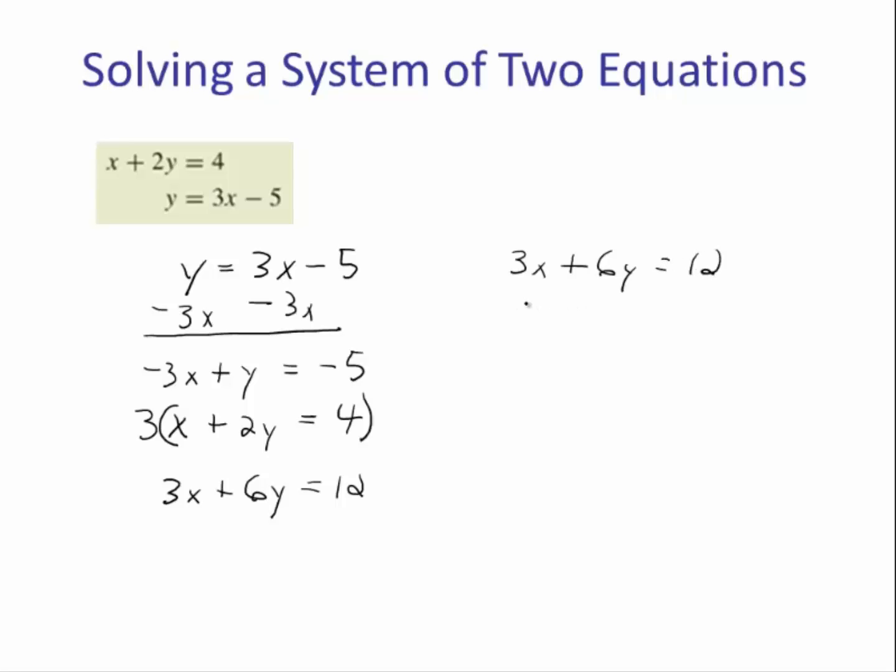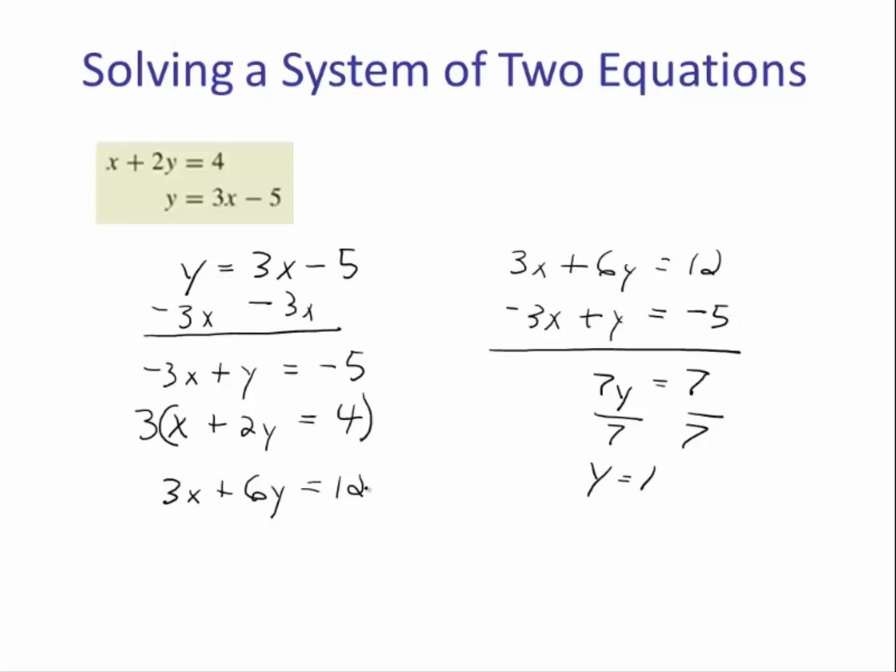And the first equation, negative 3x plus y equals negative 5, we add these two equations up. The x terms cancel. 6y plus 1y is 7y equals 12 plus a negative 5, which is a positive 7. Dividing by 7, we see that y is equal to 1.